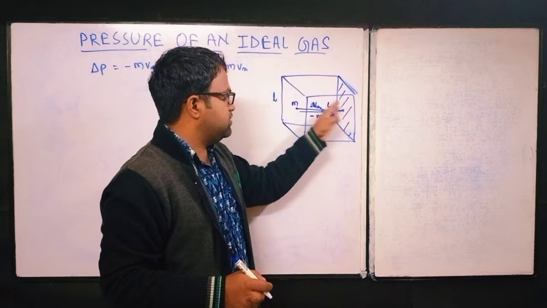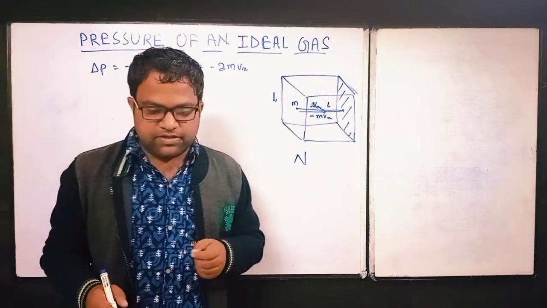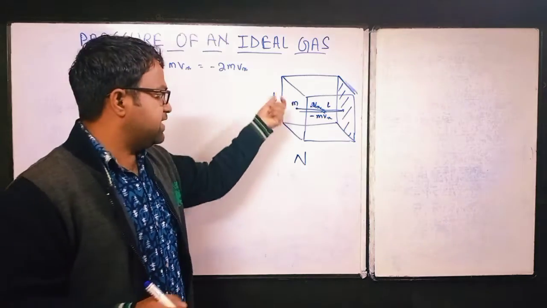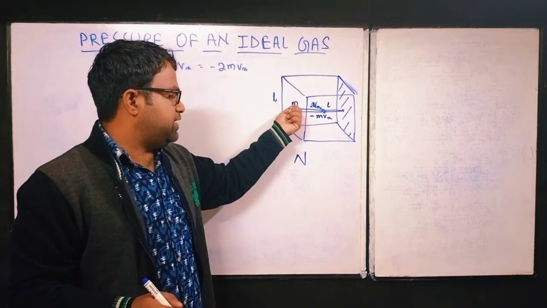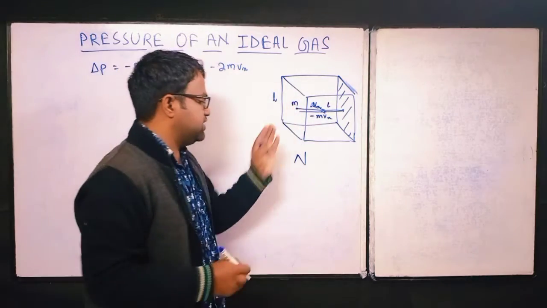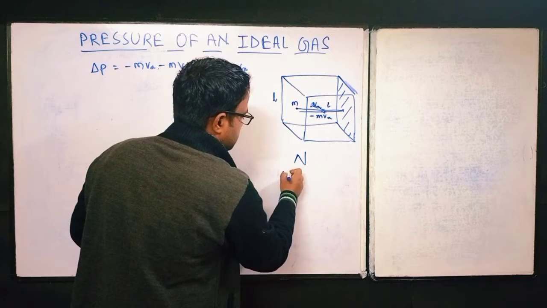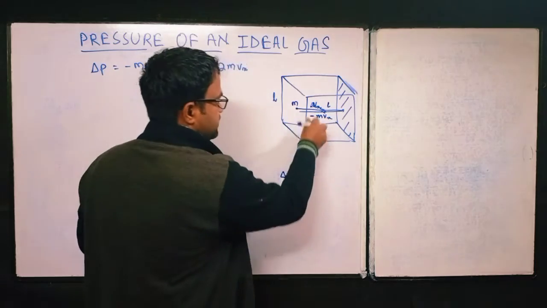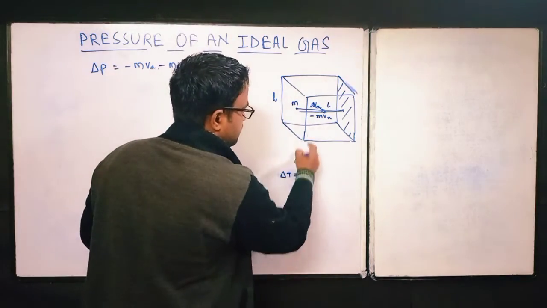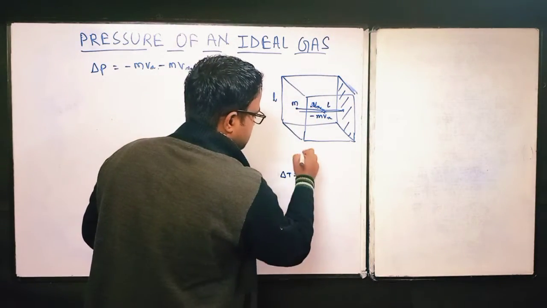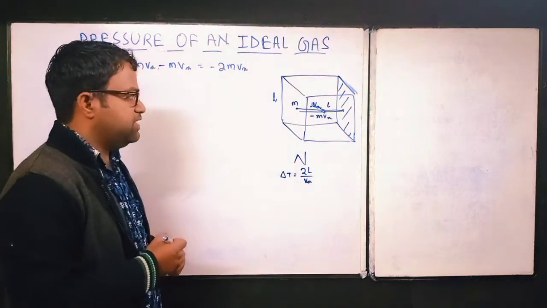So it is traveling 2L, and for 2L, let's say it is taking delta t amount of time, right? So you can write that time equals distance, that is 2L, divided by velocity, and it is moving with a velocity Vx.